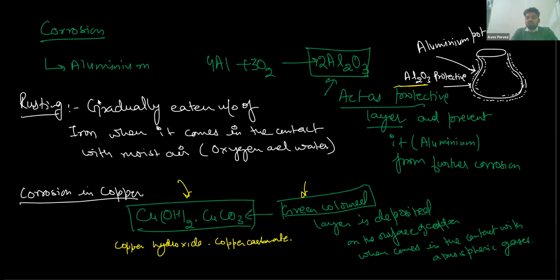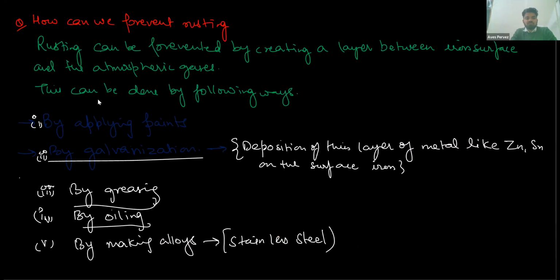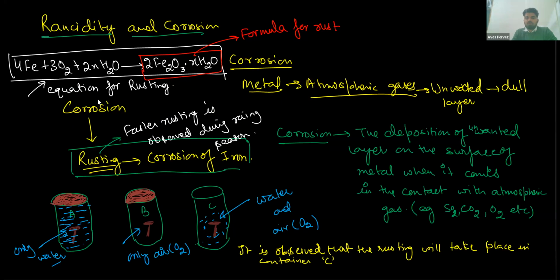Note down the definition of corrosion. The deposition of an unwanted layer on the surface of metals when it comes in contact with the atmospheric gases. Note this green color definition in your copy.